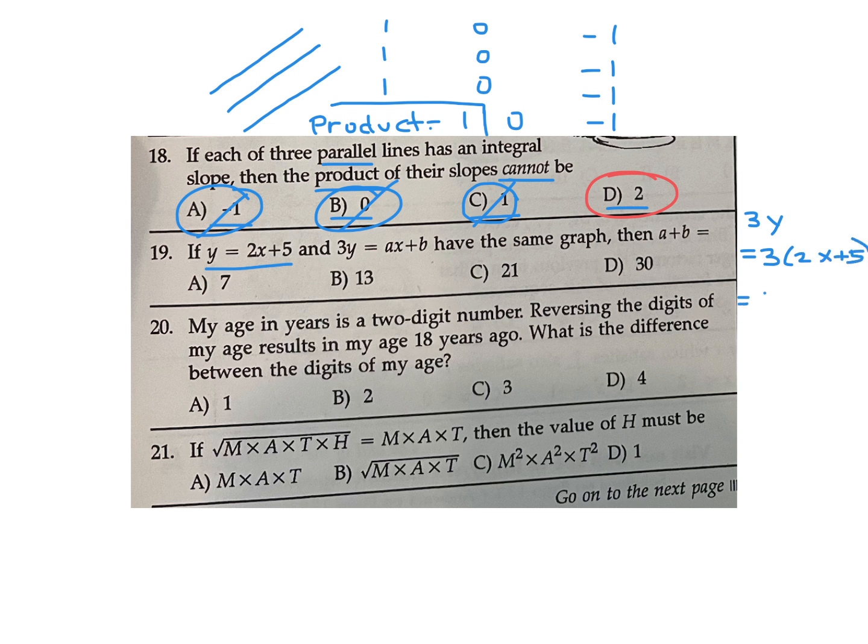So then that's 6x plus 15. So that means this is equal to ax plus b. And then if you match the coefficients, it looks to me like a is 6 and b is 15. And therefore a plus b would be 6 plus 15, which is 21. So 19 is C.